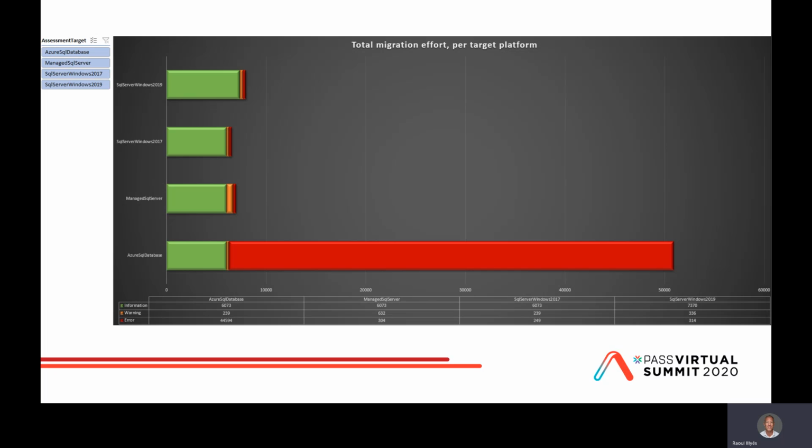2019, I can see on the coloring scheme that the number of errors would be very few. And errors in this scenario means things that must be fixed or changed before I upgrade or migrate this specific workload to this platform. Yes. And then we have the orange, which is a warning. That is information that could be a problem.